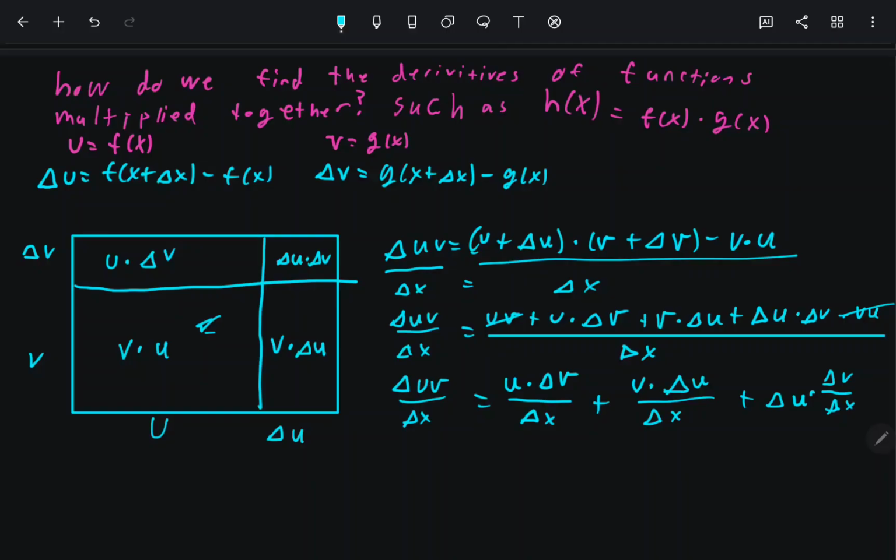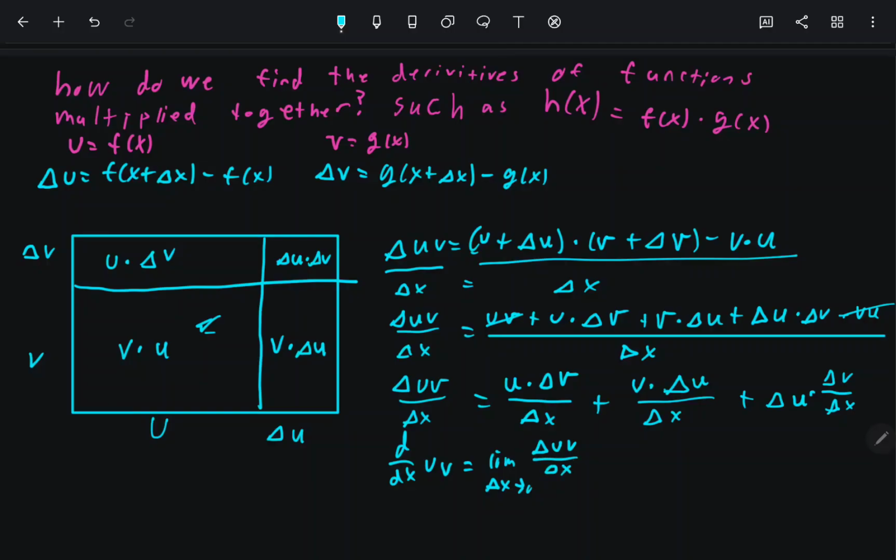If we want to take the derivative d over dx of uv, that's the same thing as the limit as change in x approaches 0 of the change in uv over the change in x.